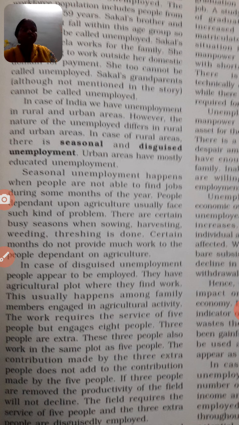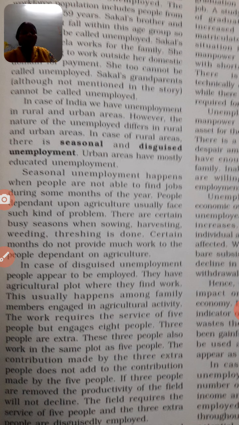But 5 are working, and if 3 members are removed from the plot, the total production does not decline; it remains the same. It means those 3 people were extra and not required. The plot required only 2 people, but 5 were working. So 3 people are extra.